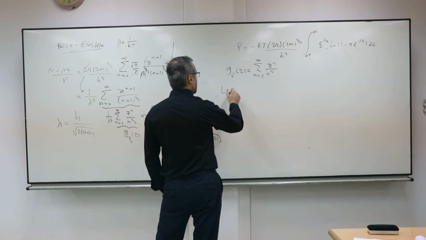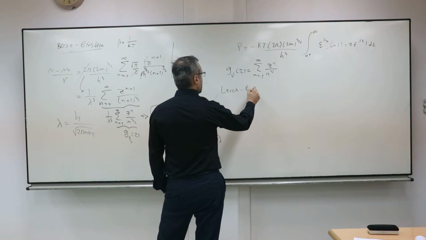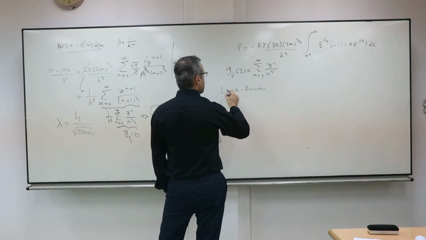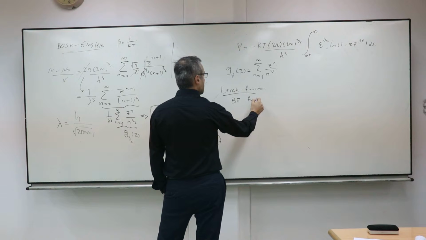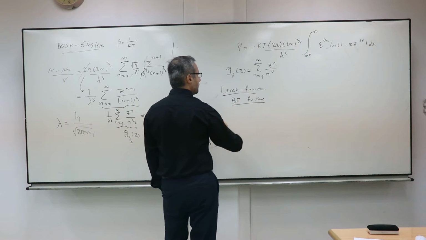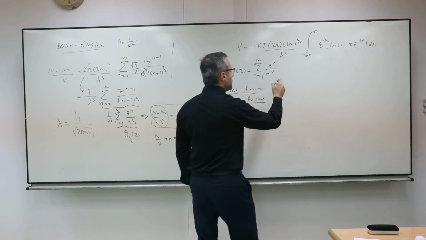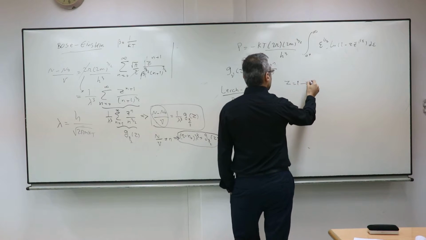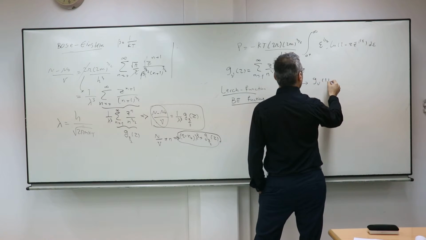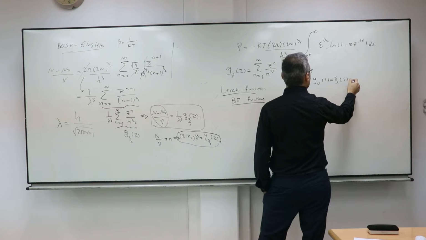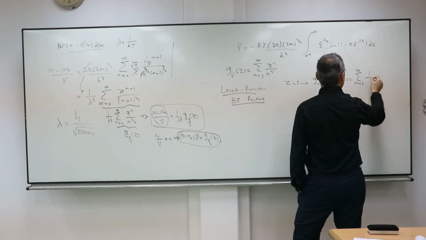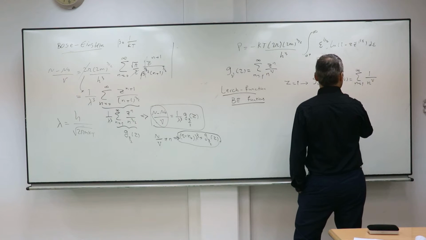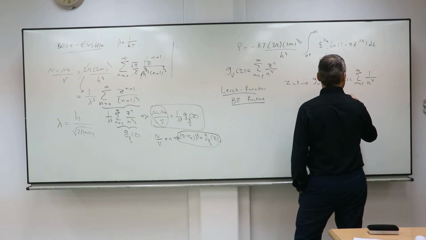So this is a subclass of the Lerch function. And especially when z is 1, g nu of 1 is called the Riemann zeta function.